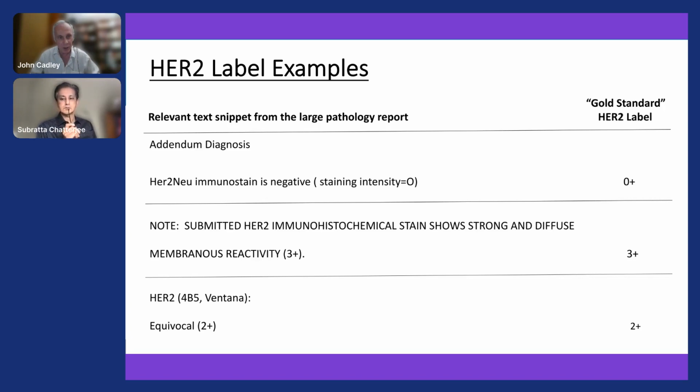So we would like Snorkel to be able to figure out that this sentence here means 0 plus. Here you can see 3 plus is 3 plus. That's pretty simple. This one here is 2 plus, but also the word equivocal sometimes just shows up all by itself without a number. And we'd like Snorkel to be able to figure out that those cases are 2 plus cases.